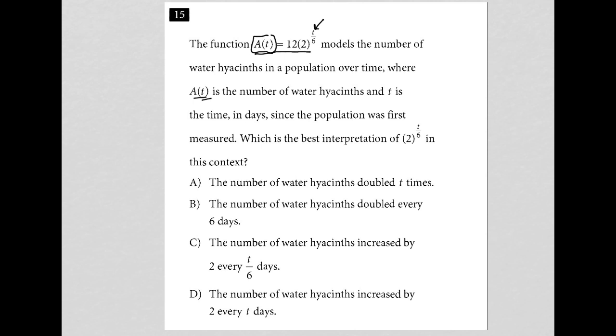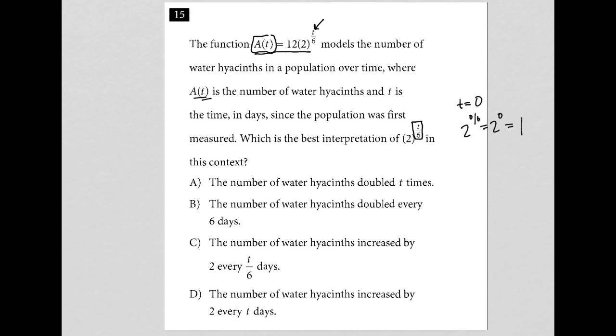So here's what I like to do before looking at the answer choices. Anytime I see a variable in my exponent, I want to think about what happens when that variable equals 0. So t equaling 0 means that there have been no days since the population was measured, right? If t were 0, we'd have 2 to the 0 over 6, which is just 2 to the 0, which is equal to 1.